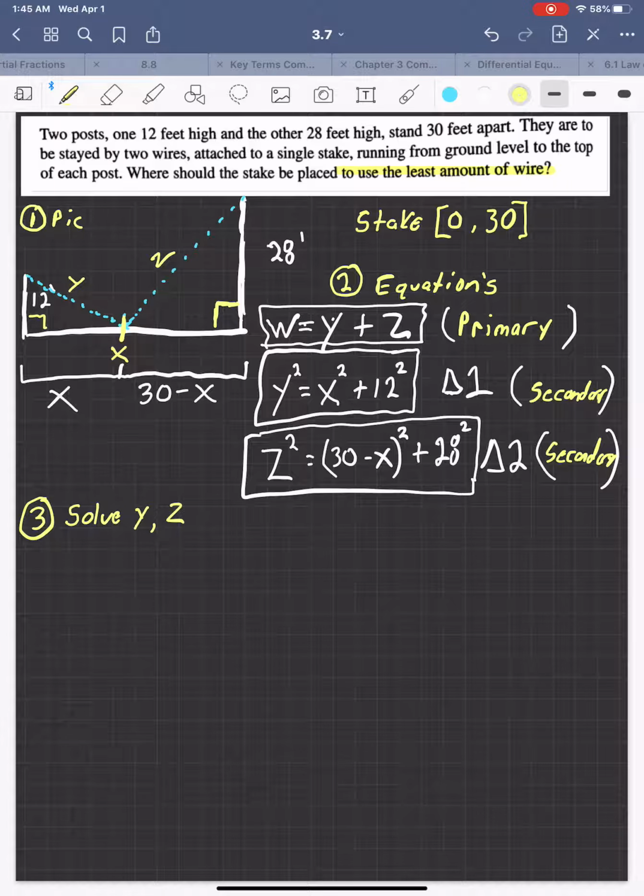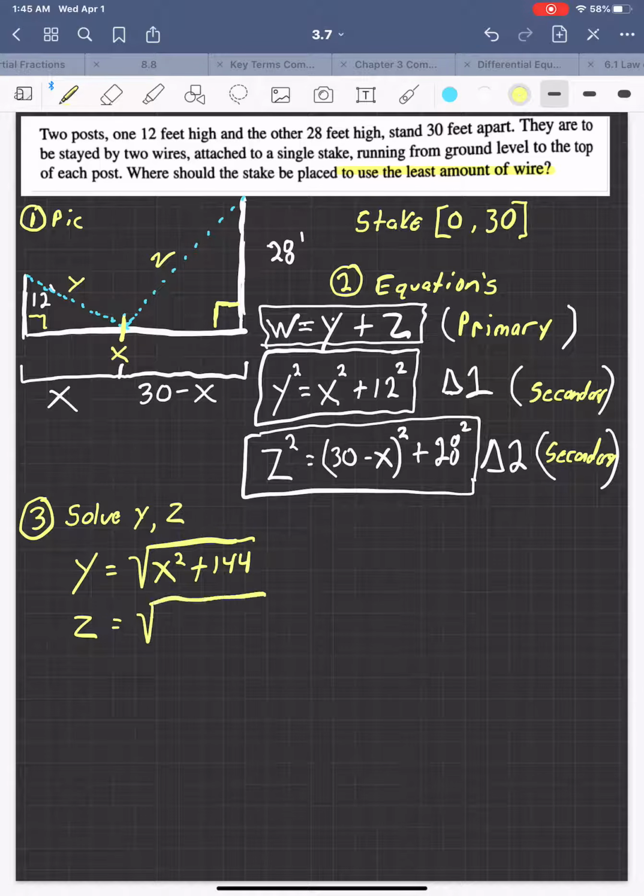So if y squared is equal to x squared plus 12 squared, then y is equal to the square root of x squared plus 144. And z is equal to the square root of x squared minus 60x plus 1,684.